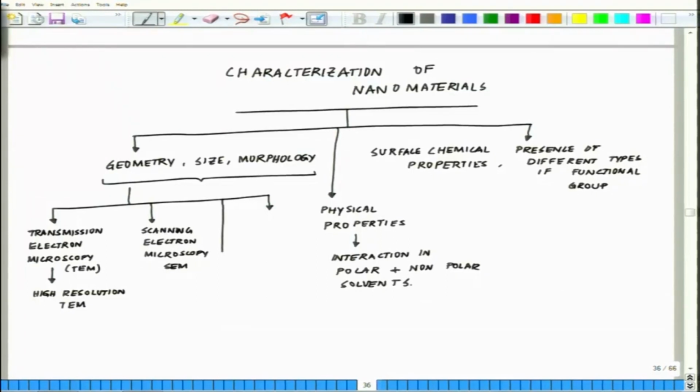Then you have atomic force microscopy, AFM, and then you have scanning tunneling microscopy, which is called STM.